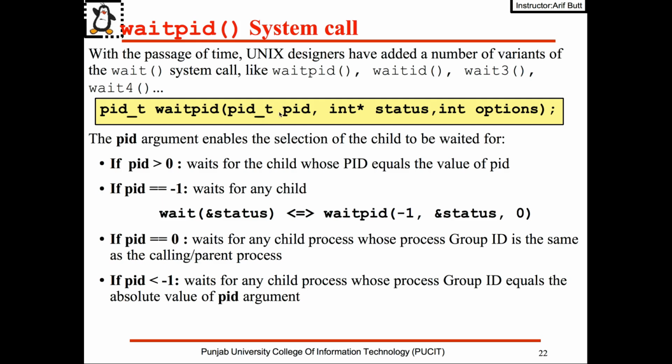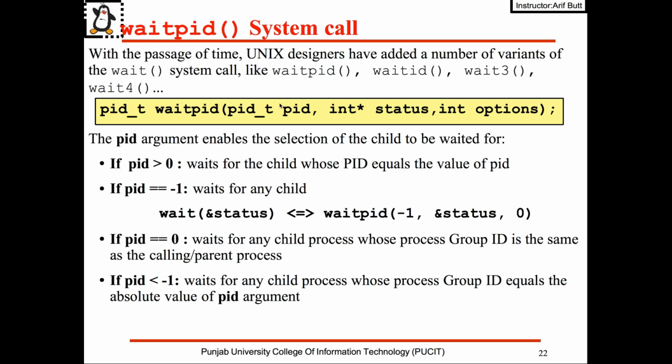The first argument to waitpid is the ID of the process for which the parent process wants to wait. And if this is greater than 0, then the parent process waits for the child whose PID is given over here. And if we give a -1 over here, that means wait for any child.